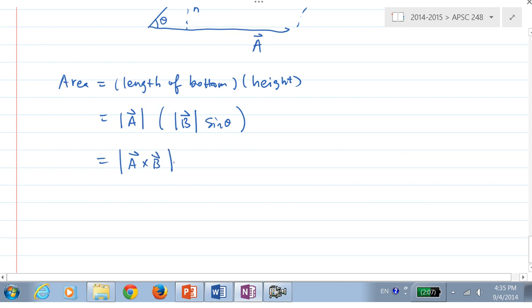Okay, cross product, which means the area of the parallelogram formed by two vectors separated by a theta angle.